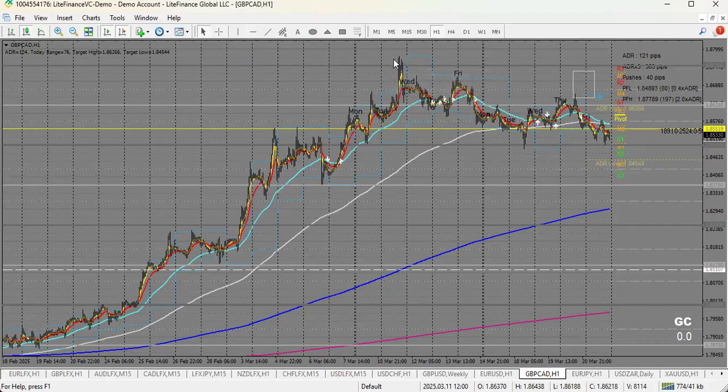So we started our movement at this large quarter point here, around 1.87500, and we are now around 1.85. So let me draw the ADR boxes here.